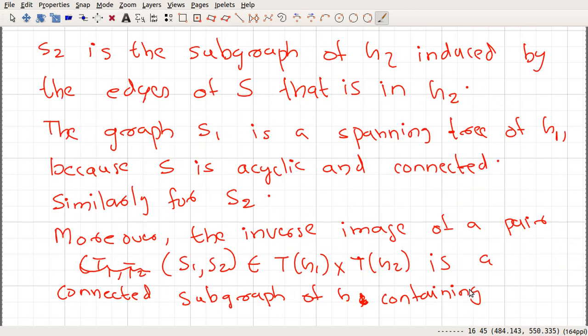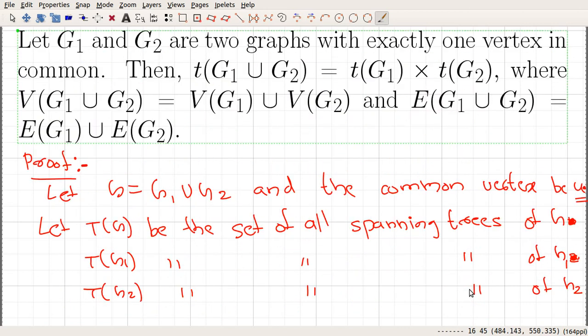Okay, so here we can use this statement for finding the number of spanning trees in a graph, if the graph satisfies this condition. Okay, we can split the graph into two subgraphs in such a way that those two subgraphs have only one vertex in common. So if that's the case, then we can find the number of spanning trees by simply using this equation.